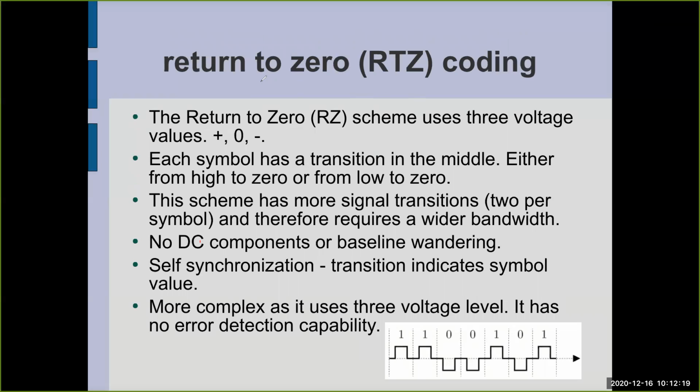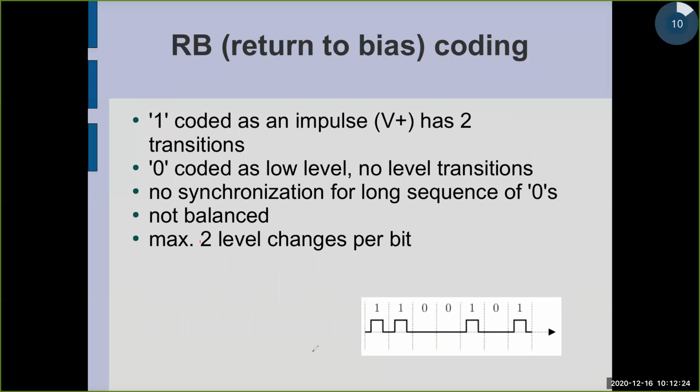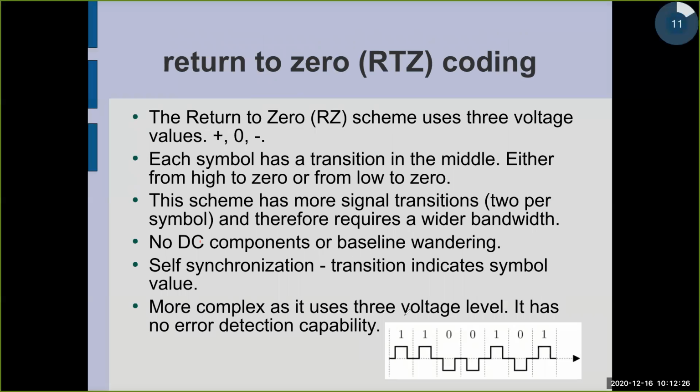Here you have return to zero coding. You can see that with this return to bias, I have two levels of voltage, V plus and V minus, and both for 1 and for 0 the return to bias policy is applied. As I told you, this method is quite difficult because I need two different voltages.